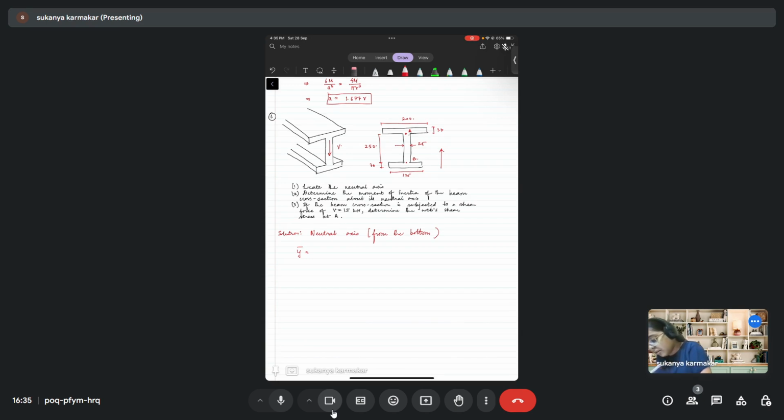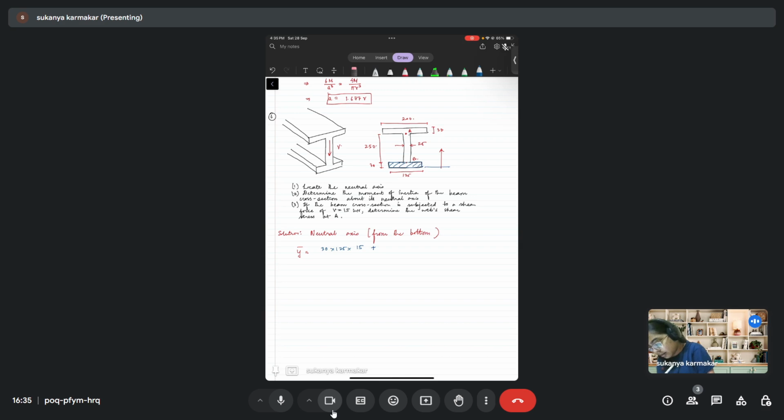So the area of, I'll just mark with, let's say, blue color, this area. It is 30 into 125, and from the bottom edge, the location of its centroid is 15 mm, so 15 plus, then we have the web.